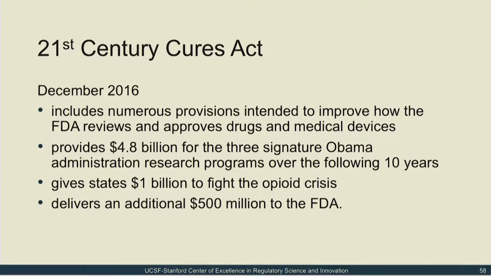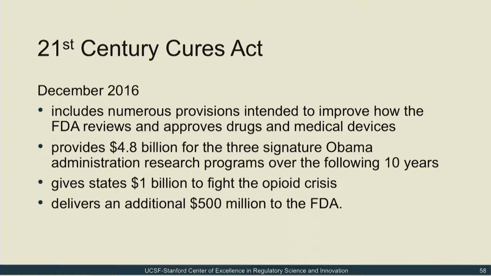An important step forward in answering these questions was made in December 2016, when the 21st Century Cures Act, also known as the Cures Act, was signed into law by then-President Obama. The Cures Act has a host of provisions to improve how the FDA reviews and approves drugs and medical devices, ranging from humanitarian device exemptions to institutional review board process for multi-center device trials.